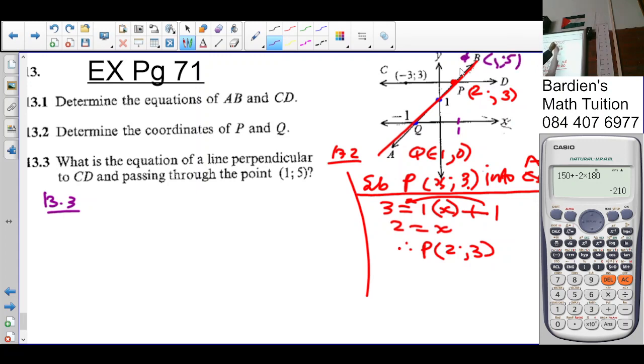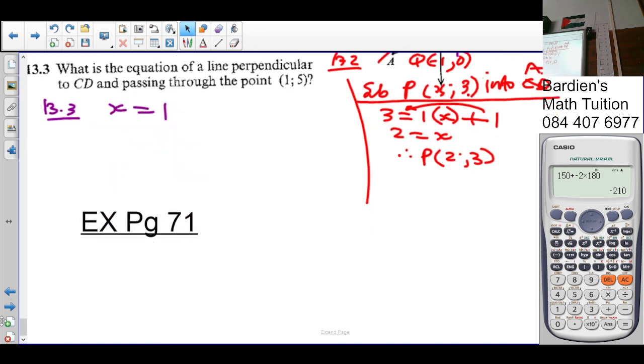If it's perpendicular to the CD line, then that new line will be parallel to the y-axis. So it will have a consistent x value of x is equal to 1.